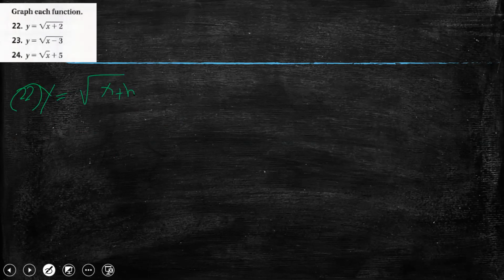So when I say x plus h, I have to translate it to the right or to the left by h. Since the number is under the square root, we have a horizontal translation. Since the letter here is h, it means horizontal translation.